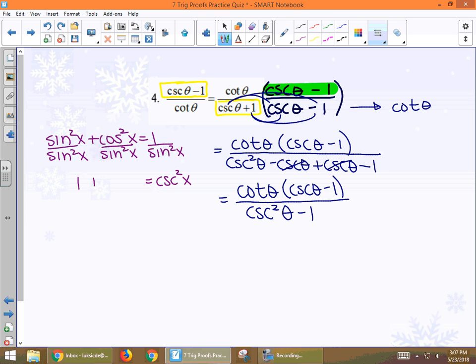Cosine squared over sine squared is cotangent squared. And then in order to get cosecant squared minus 1, we would subtract the 1 over. So cotangent squared is equal to cosecant squared minus 1. So I can put cotangent squared in right there.